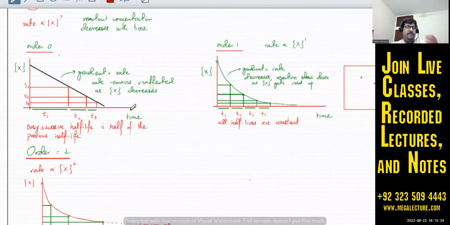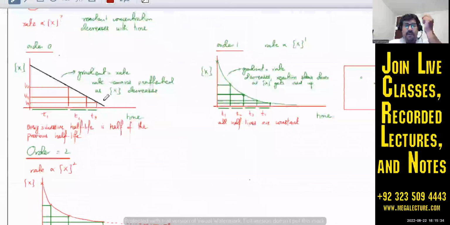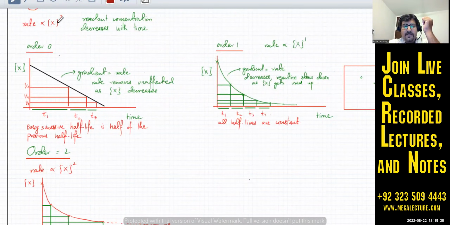When the reaction happens, slowly the reactant gets used up. If the reactant concentration decreases, the reaction should slow down, right? But in order 0, if the concentration decreases, there should be no effect on the rate of the reaction. That's order 0. The reaction just happens at a constant speed.